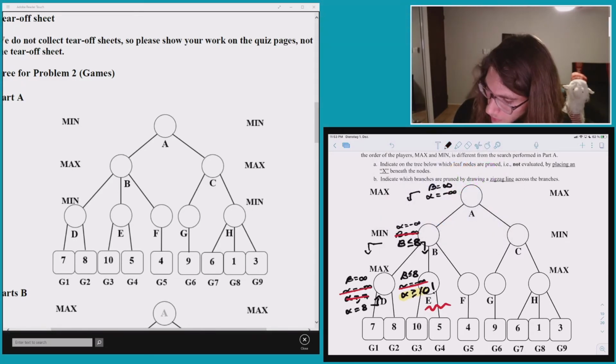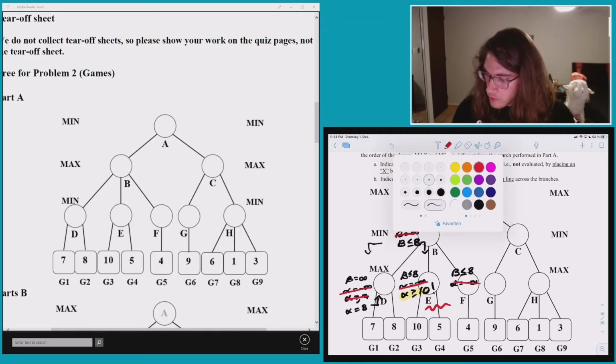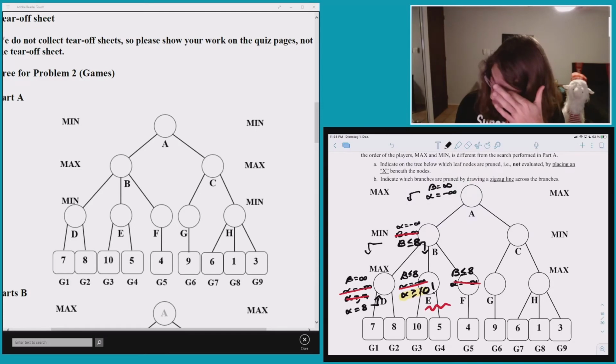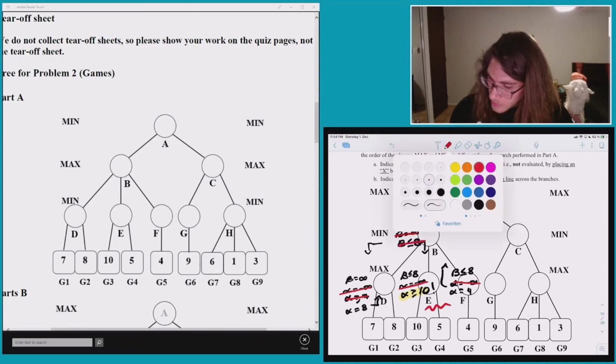And we go over to F. Beta is less than or equal to 8 still. Alpha is still equal to negative infinity. Then I evaluate F. It's the only leaf node, so I'm just going to go straight to alpha is equal to 4. And that makes beta equal to 4.